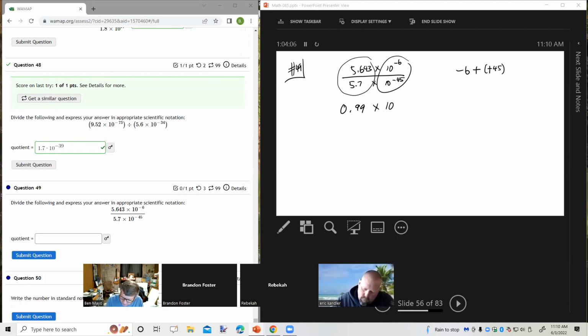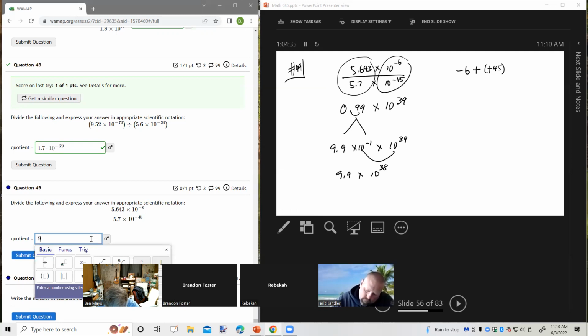Negative 6 plus 45 would be what? 39. So I get that. However, that's not scientific notation. So this becomes 9.9 times 10 to the negative 1 power and then times 10 to the 39th power. Okay, and then this becomes 9.9 times 10 to the 38th power.